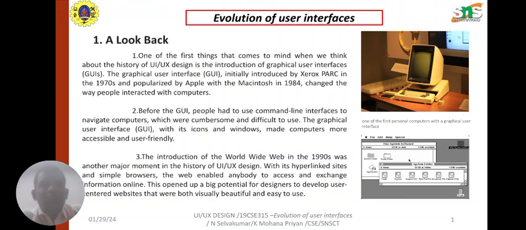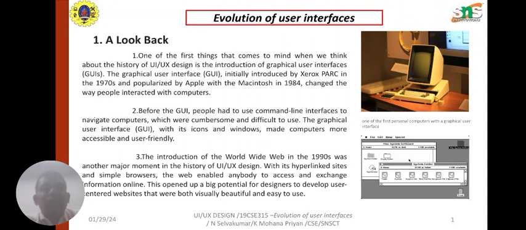Before graphical user interfaces, people used command line interfaces to navigate computers, which were cumbersome and difficult to use. The graphical user interface, with its icons and windows, made computers more accessible and user friendly.